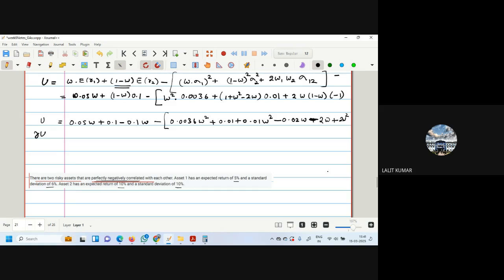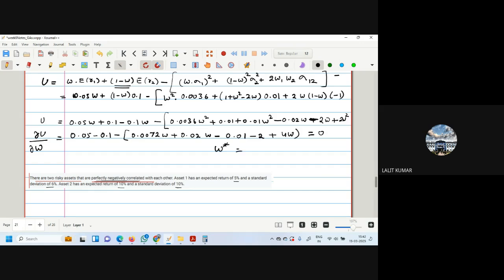Now you can take the derivative of this with respect to W. The 0.05 stays, this is 0, this will become 0.1, minus here it will become 0.072 W. This is 0, this will become 0.02 W, this will become minus 0.01 minus 2 plus 4 W. This is equal to 0, and then you can find the W star.